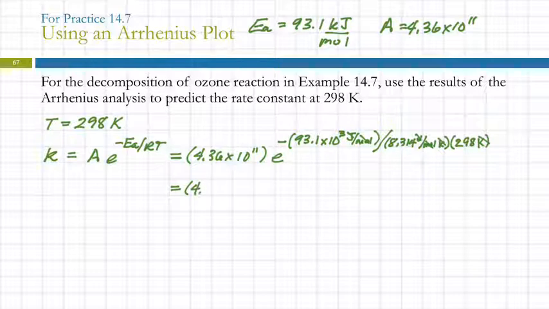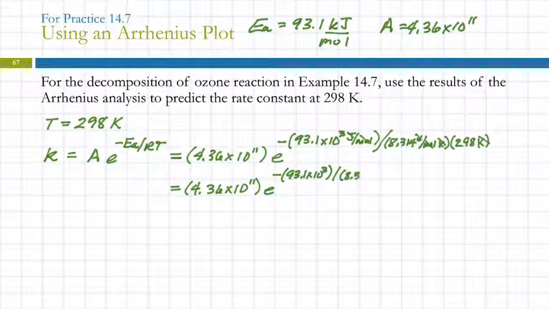I'm just going to rewrite this down here without the units because that's kind of a mess. So this is 93.1 times 10 to the third divided by 8.314 times 298.